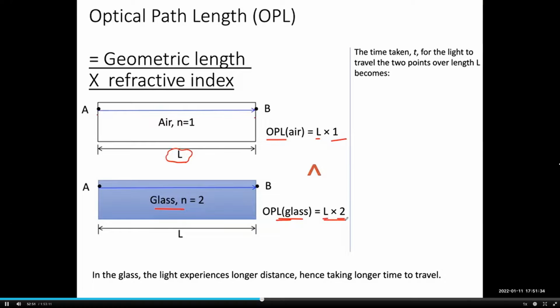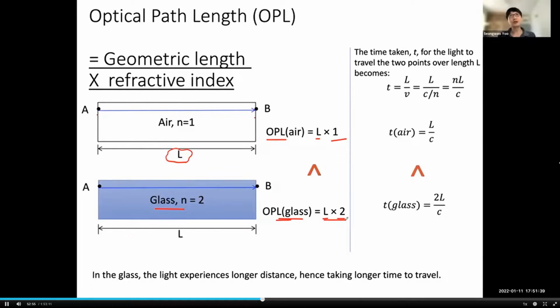Now, because of these different optical path lengths, the time taken to cover the same distance in the air and the glass are also different. You can easily reach this equation. The time taken in the air is going to be L divided by c, but the time taken in the glass is going to be just double, because its optical path is going to be longer. Therefore, the light will experience a longer distance, hence taking longer time to travel. All makes sense.